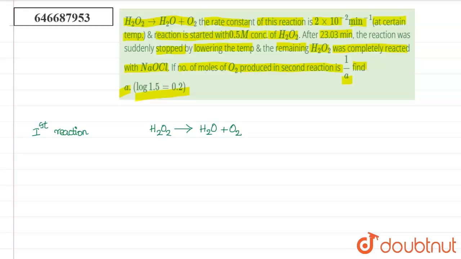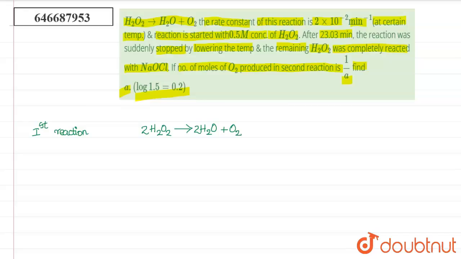Here two hydrogen, here two hydrogen, here two oxygen, but here 3 oxygen. To balance that, let us put a 2 here. Then here we will get 2. Then 4 hydrogen, 4 hydrogen. Then 4 oxygen. Here also 4 oxygen. So the first chemical reaction is balanced.